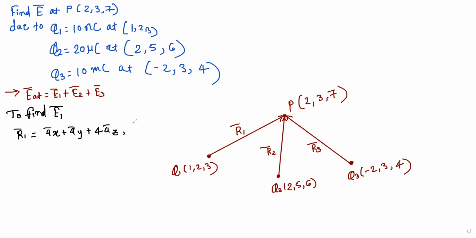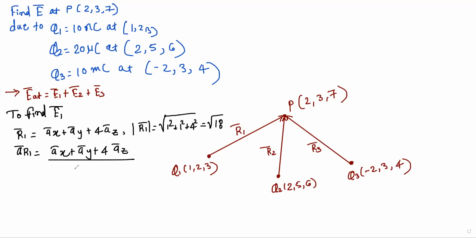Now you have to find the magnitude of R1. R1 is under root of 1 square plus 1 square plus 4 square, which is under root 18. And A bar R1 is A bar X plus A bar Y plus 4 A bar Z divided by under root 18.